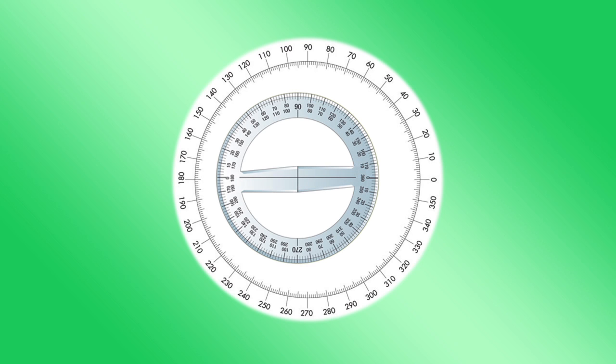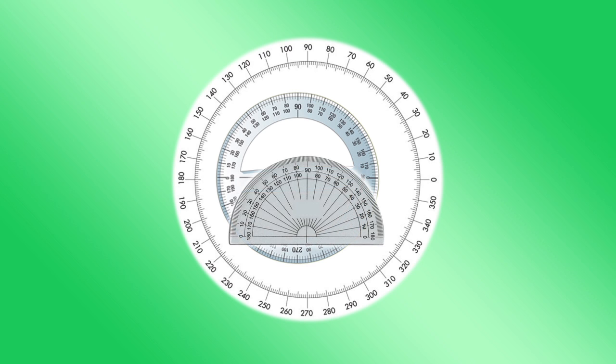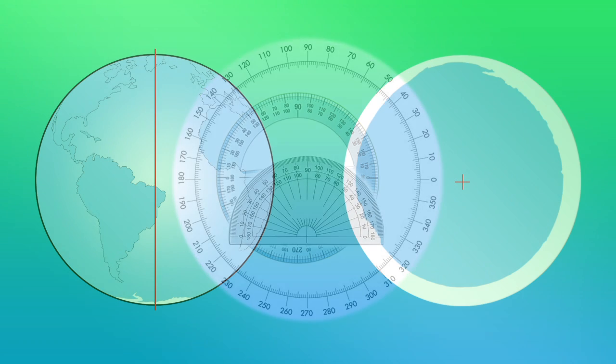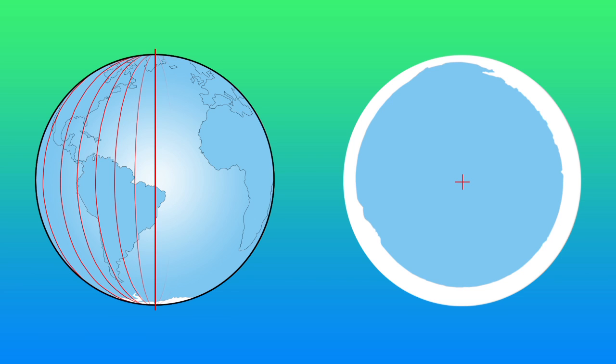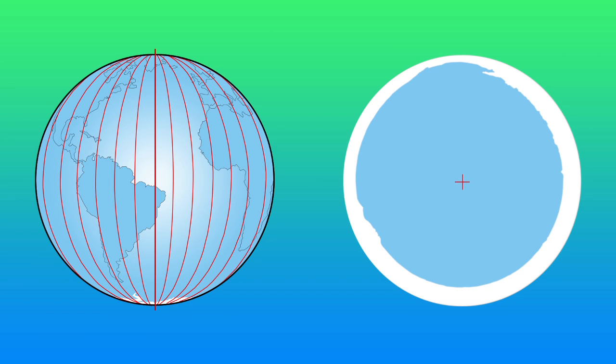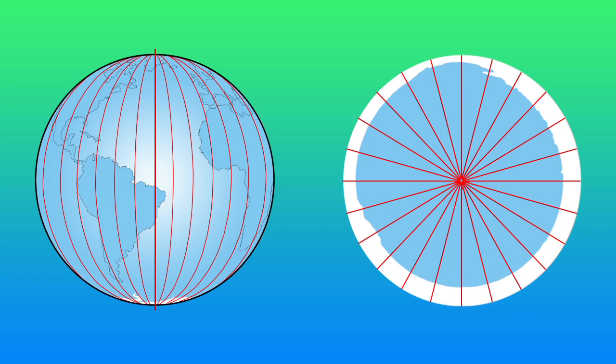Take a look at any protractor, you'll see that they're all the same. A typical globe has 36 longitude lines, 10 degrees apart, running from the North Pole to the South Pole. And the disk maps show the same information, but generally stick with using 24 of them placed 15 degrees apart.